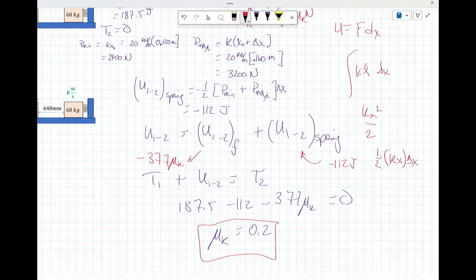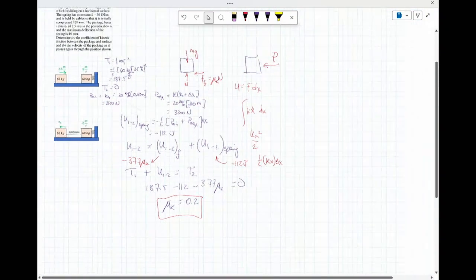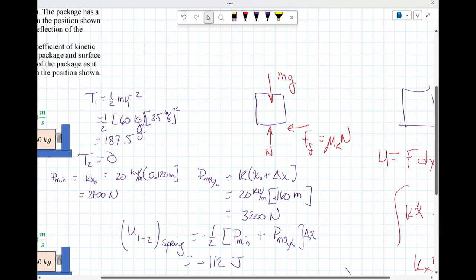Oh, so if I look at the friction work, not really well done, but my force of friction is just going to be 60 kilograms times, or its weight.